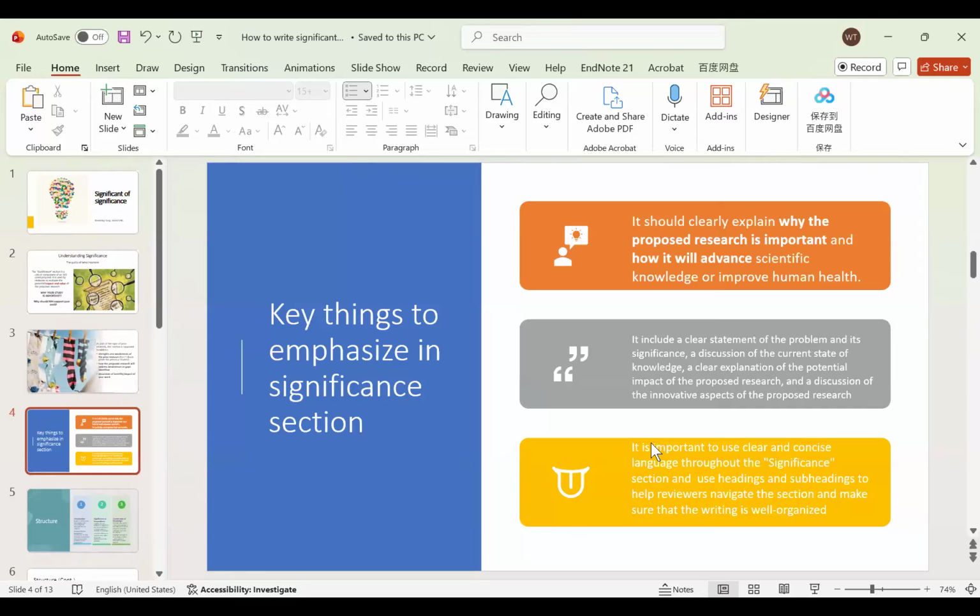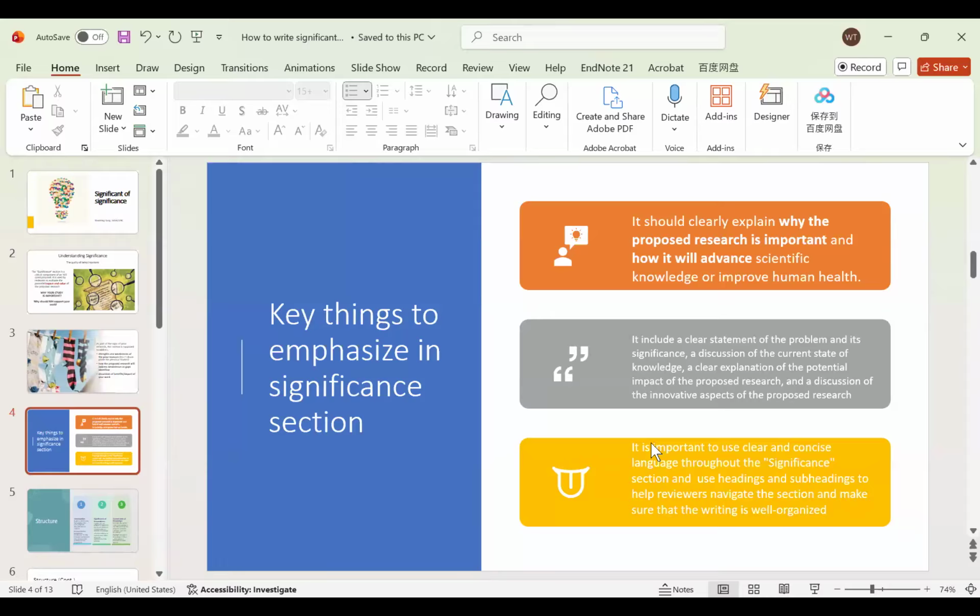If your problem is not aligned with the NIH priority areas, the significance would be lower. I mean, the score on significance would be lower. This may impact the overall score of your application, and will reduce the possibility of being funded by NIH.